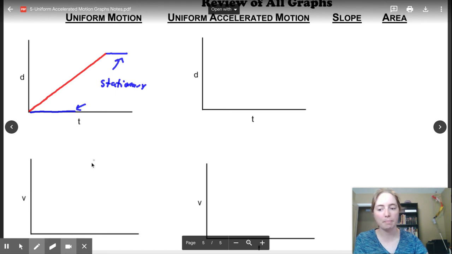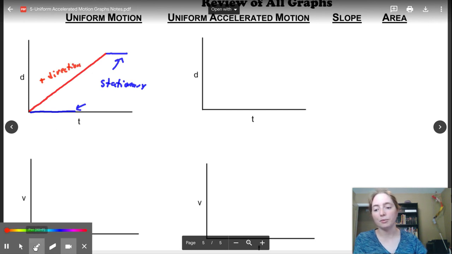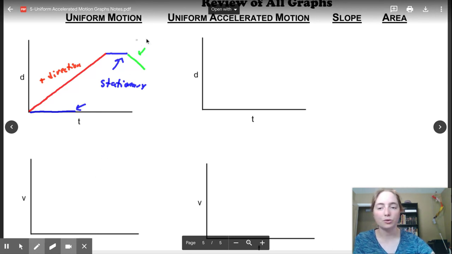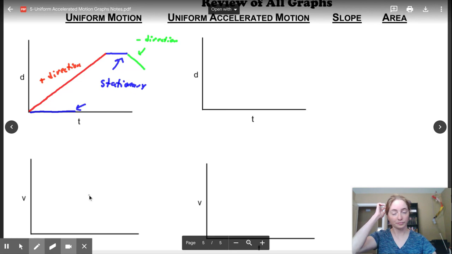All right, so that's stationary, and this is in a positive direction. And I'm going to switch colors again, and I'm going to go to green, and I'm going to do this guy here, and that guy is going to be in a negative direction, so you're going backwards. Okay? All right.